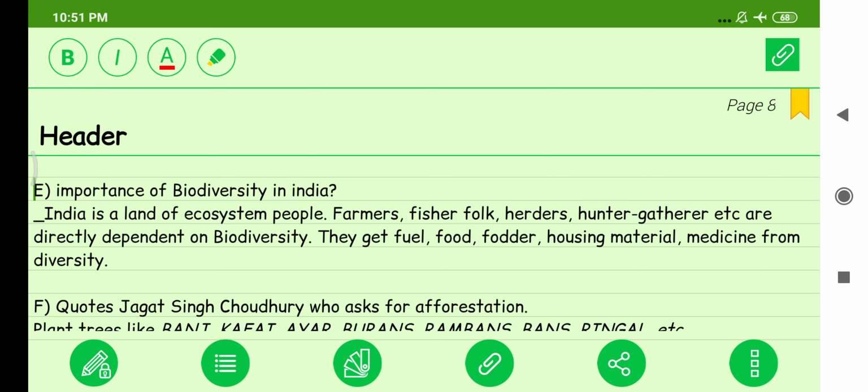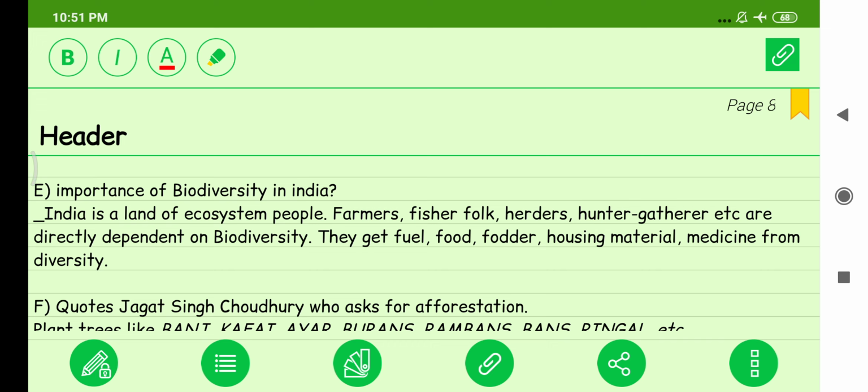Farmers, fisher folk, herders, hunter gatherers, etc., are directly dependent on biodiversity. They get fuel, food, fodder, housing material, medicine from diversity. So these people get these different things, or rather the basic necessities of their lives, from biodiversity.